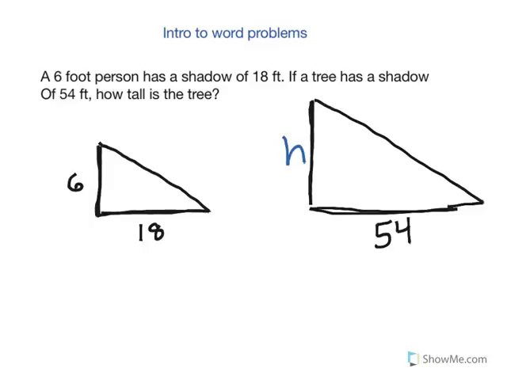So that's the picture. To set it up, we're going to do our fractions and proportions. So if I start with the first triangle, I'm going to go 6 on top of 18. I'm following that path. I pick that path and I'm going to stick to it. So I'll put h on top of 54.